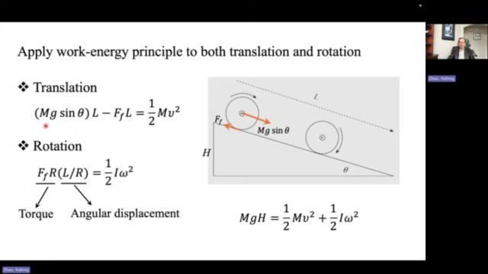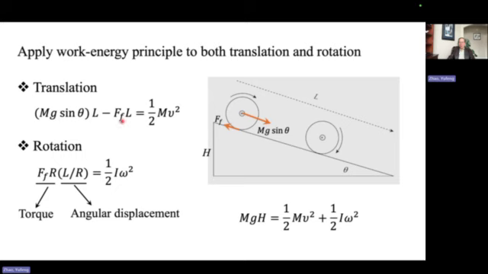So mg sine theta is the force along the inclined surface, and L is the distance moved along the slope. Force times distance gives you the work done by the weight. The negative work done by friction is F friction times the displacement of the translational motion along the slope.